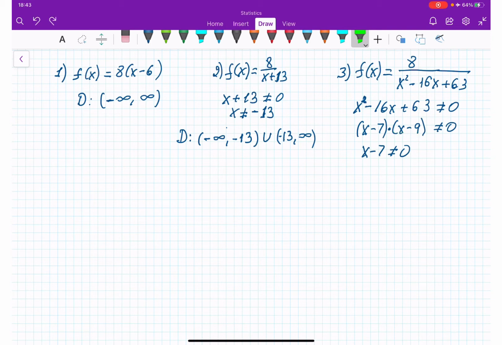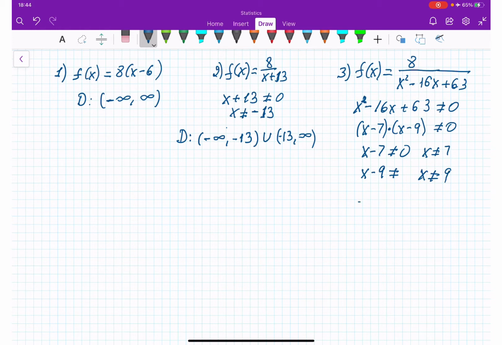So x minus 7 cannot be equal to 0, which means x cannot be equal to positive 7. I moved from here to here, right? Okay. And x minus 9 cannot be equal to 0, or x cannot be equal to 9. So we have here two restrictions.